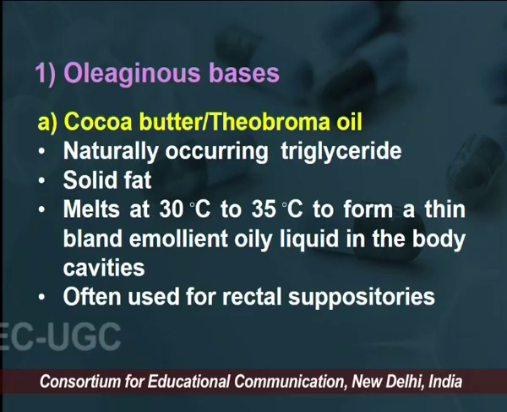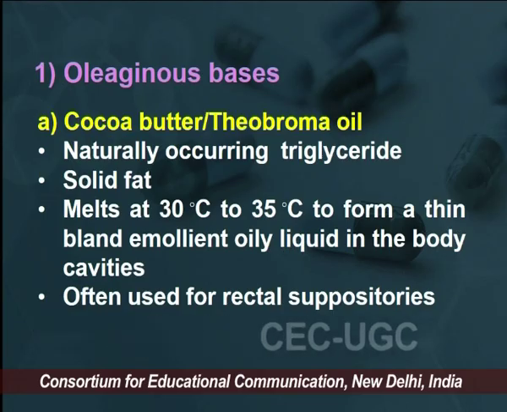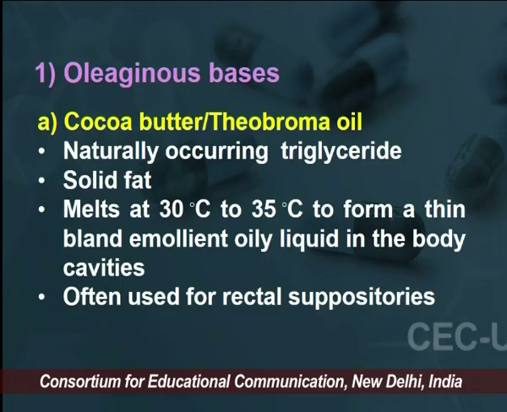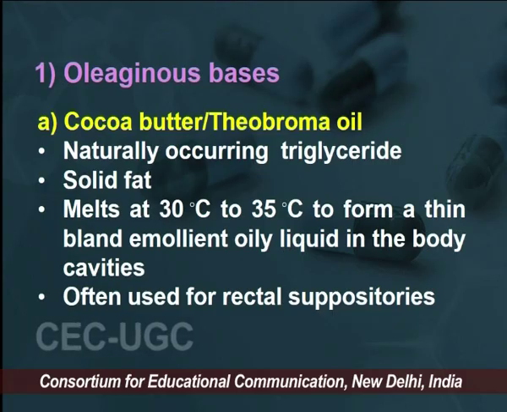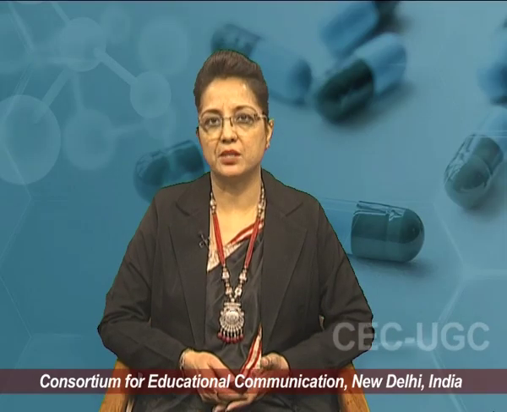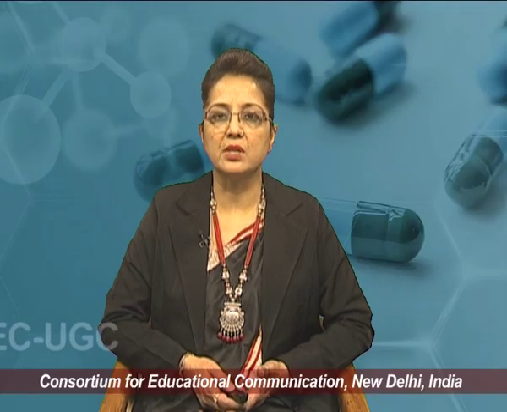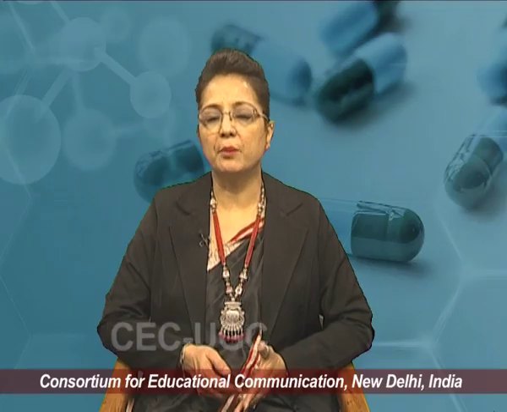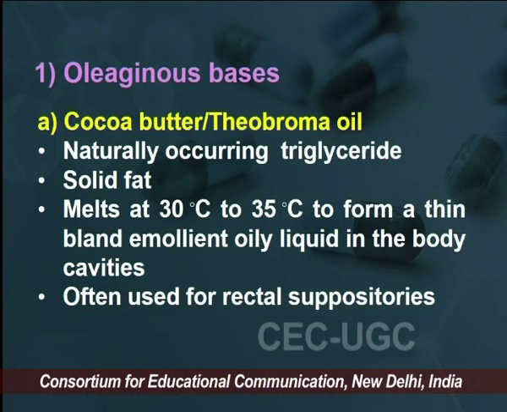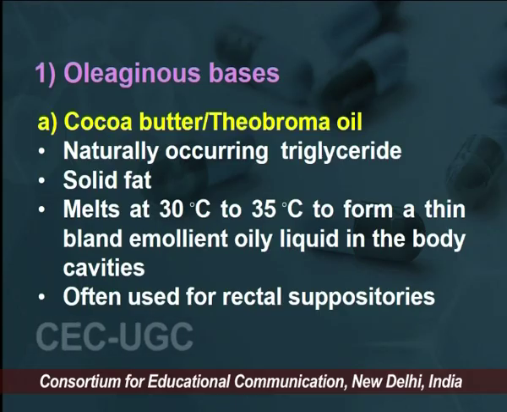So, cocoa butter is obtained naturally and nowadays also prepared semi-synthetically, and by nature it is solid in state. So, we simply refer to them as solid fats. Now, the characteristic of such fats is that they melt between a temperature range of 30 to 35 degrees Celsius, which is a little less than the regular normal human body temperature.